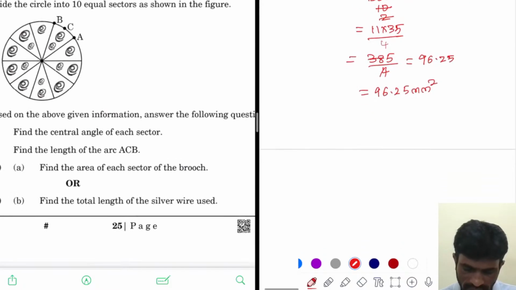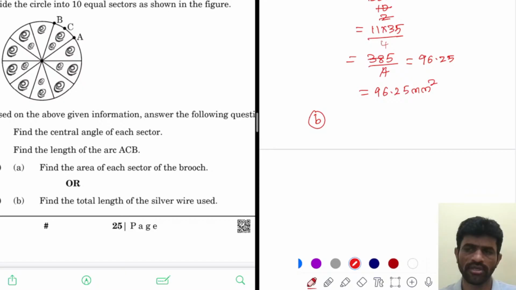Now in this question they are asking the total length of the brooch. It is there in the textbook. How can you find the total length?